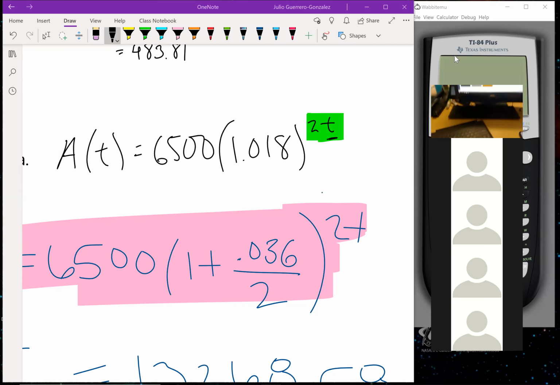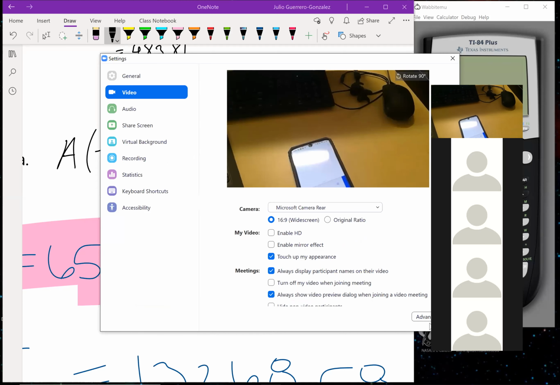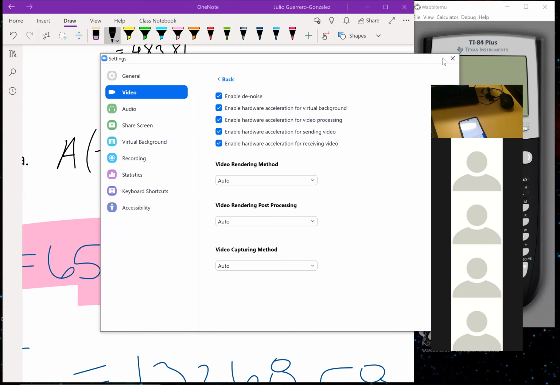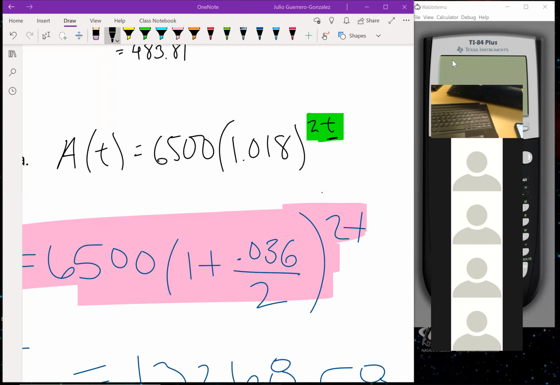That's trippy. So this is my cell phone, right? Actually, I should rotate the, give me a second. Enable mirror effect. There we go. Okay. So now this is my cell phone. It's all funky.